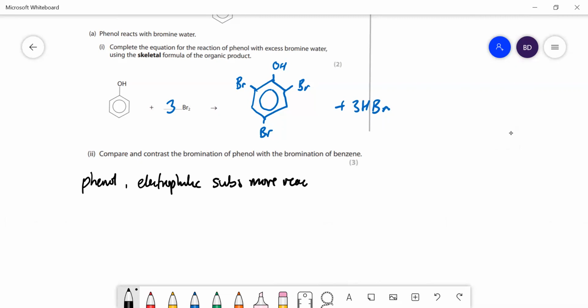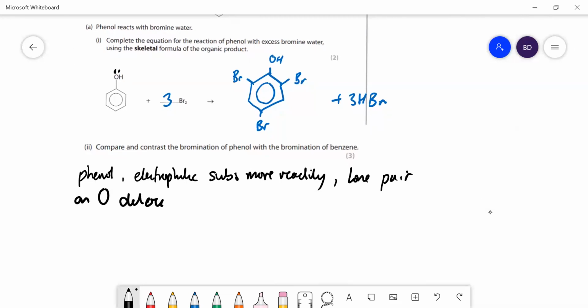And the reason for that is the lone pair on the oxygen is also partly delocalized on the benzene ring, and so that means increased electron density on the benzene ring, particularly at positions 2, 4 and 6 actually.